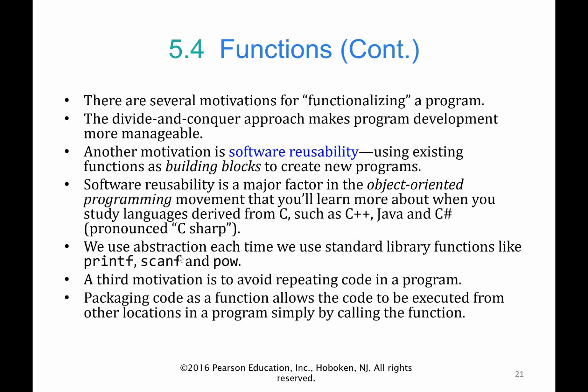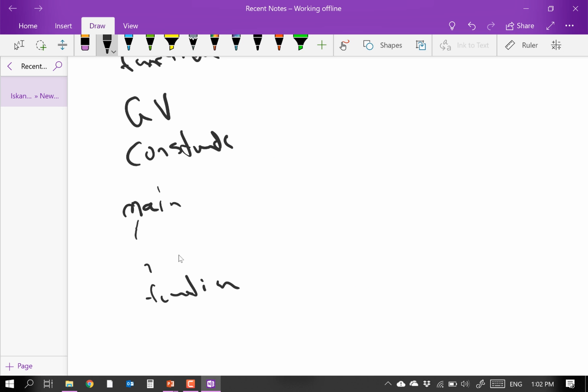The third motivation, there's really three: one is divide and conquer, two is software reusability, the third is to avoid repeating code. When you write a function, that code resides one time in your code. You're running code, and you see a function call, and we pass some parameters.